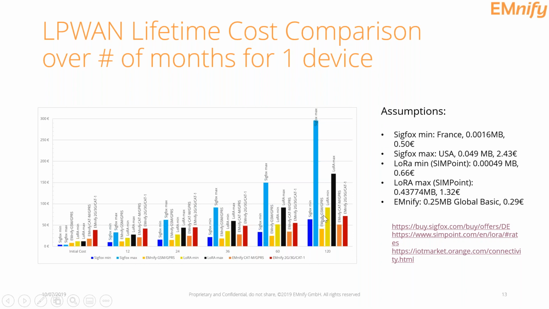LoRa is gradually growing, and even after 5 years you see that as of today, GSM GPRS over a 10-year lifetime would probably be the cheapest solution compared to all the others, because on the cellular side it's really the device cost that differentiates. I want to say that there are other LoRa offerings available, and I think there are also cheaper ones. It's just giving you an idea of what to consider and where we play in the LPWAN domain.